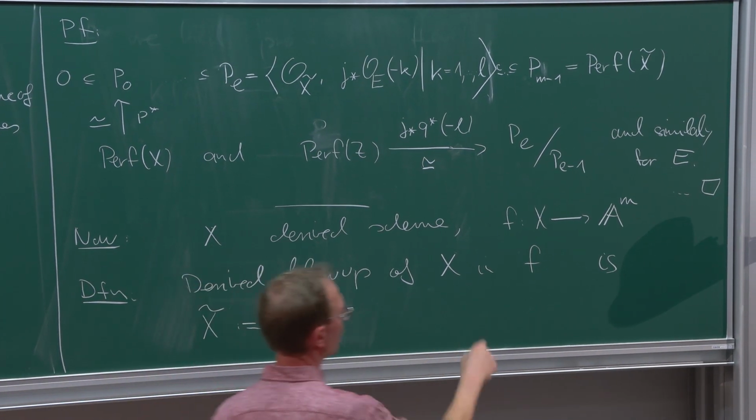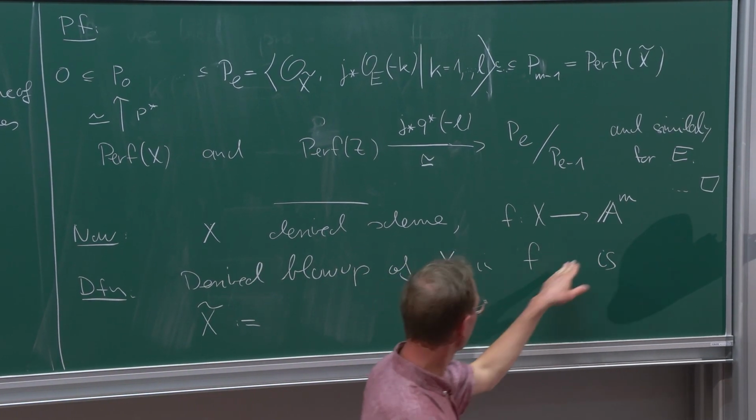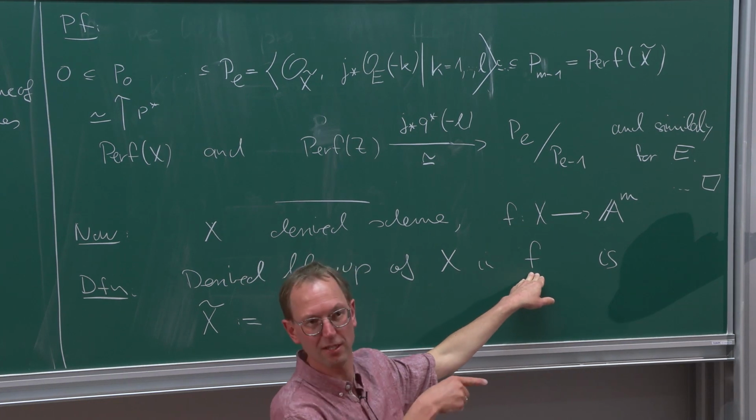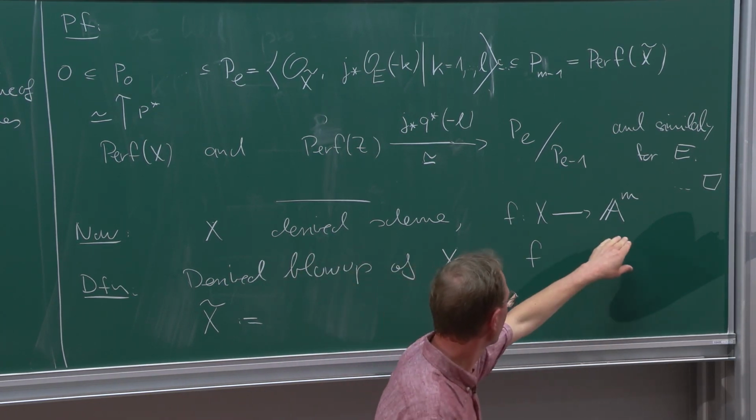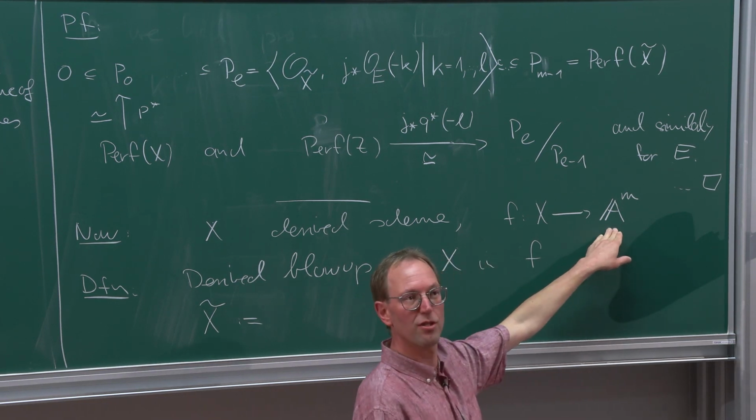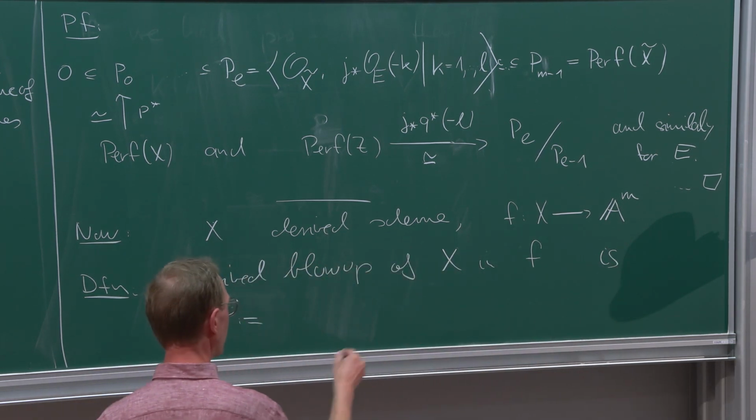You just take the blow-up of, so by this you should think of F defining a zero locus in your scheme, and this you want to blow up in a derived way. What you do is to look at the usual blow-up of the origin.